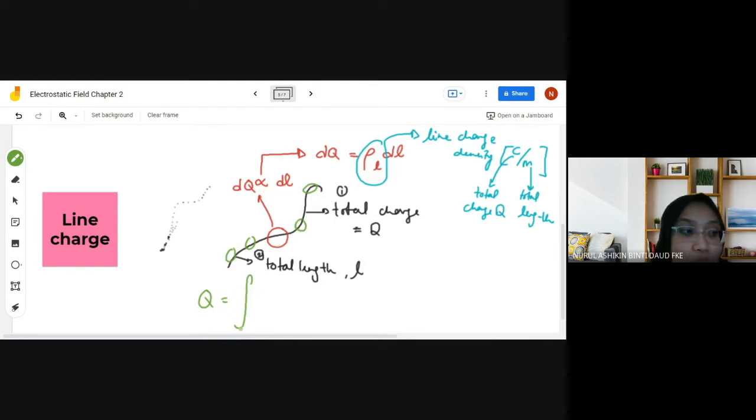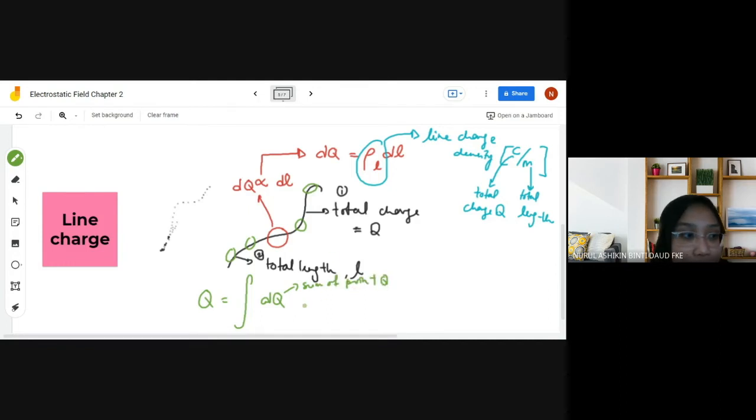That's why we can use the integral, because it is continuous. And in order to get the total charge of this specific line, Q is equal to integral dq, where Q here is the sum of point charges.